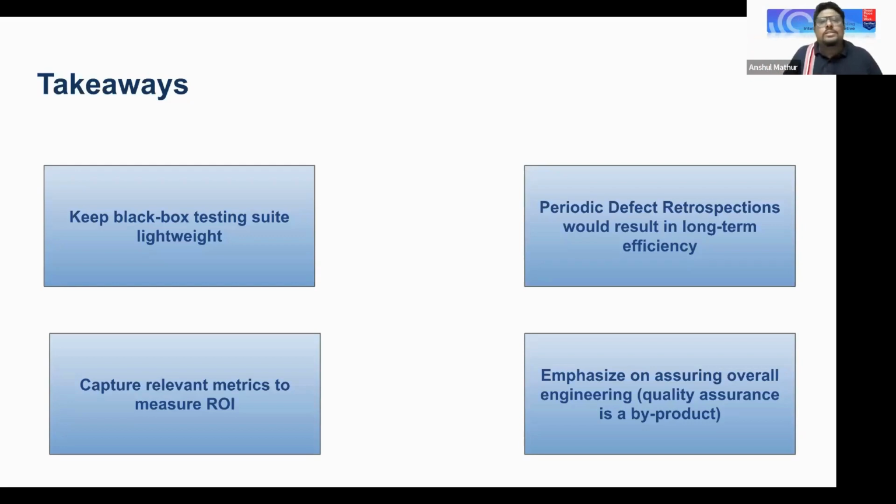And quality assurance is a byproduct. If you are making sure that you're doing things right, you're already assured that you'll build some great quality products. So stop taking testing as a phase. Start thinking of quality as an engineering responsibility, as a practice which everybody in the team needs to follow. And we are the torchbearers for it.